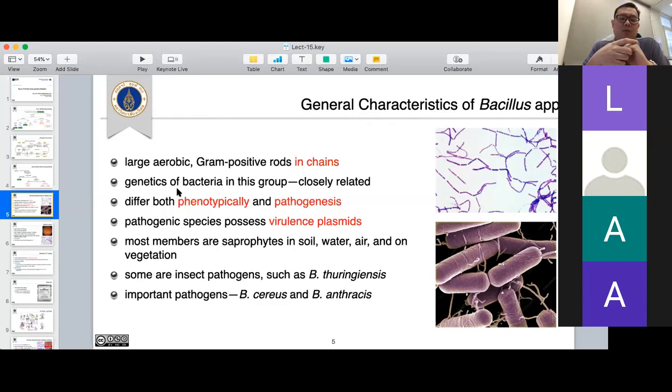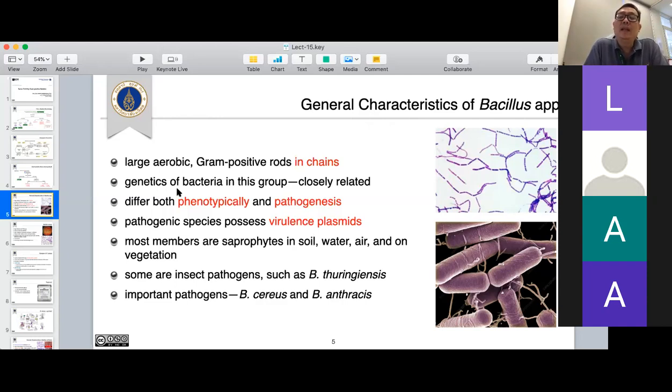The virulence factors of these species came from plasmids, okay? Because Bacillus absorbs so many plasmids from nature, from the other bacteria, so they have a lot of machinery. Bacillus mostly are saprophytes.